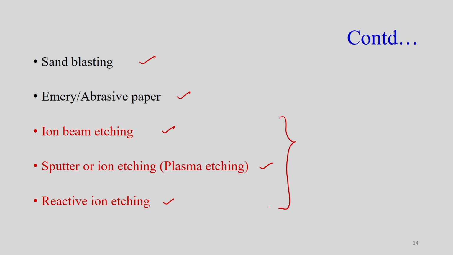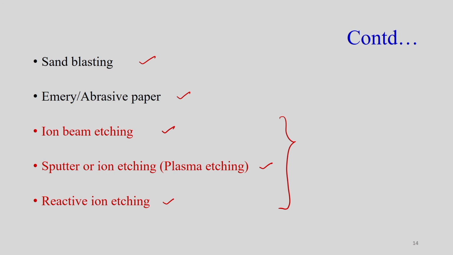Here we only have ion beams, gas plasma, or reactive ions, but there is no target. So, these ions will reach the surface and they will etch it or prepare rough surfaces.